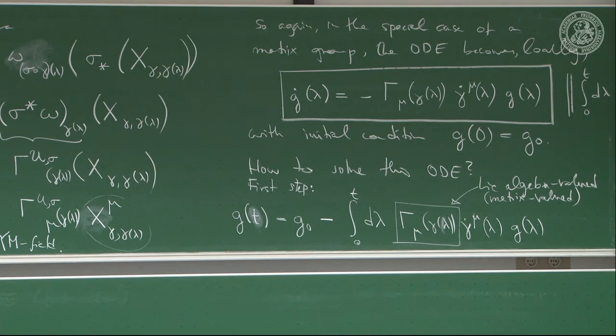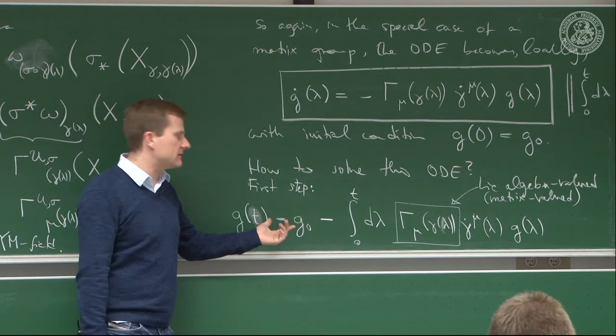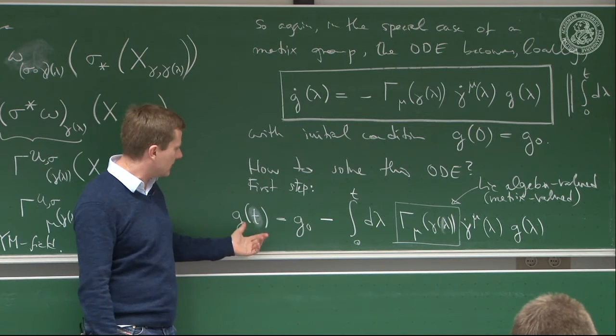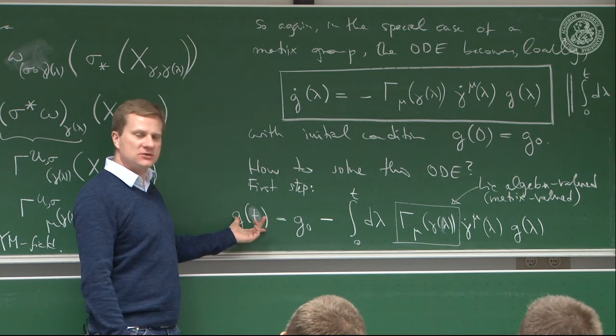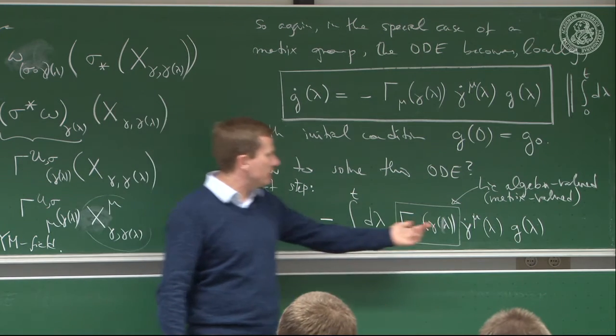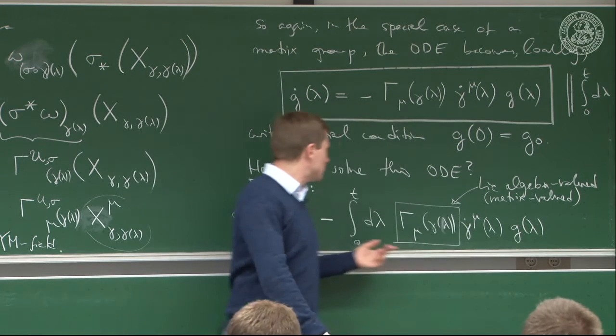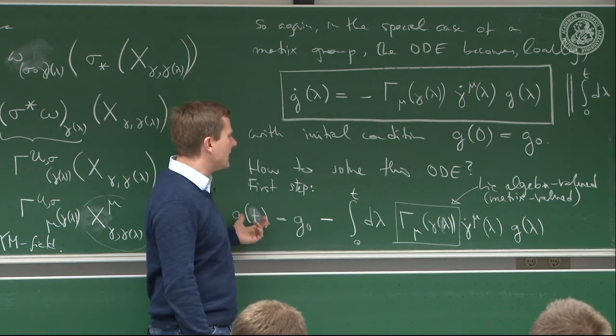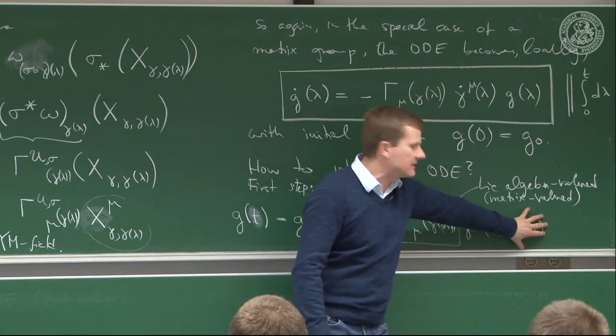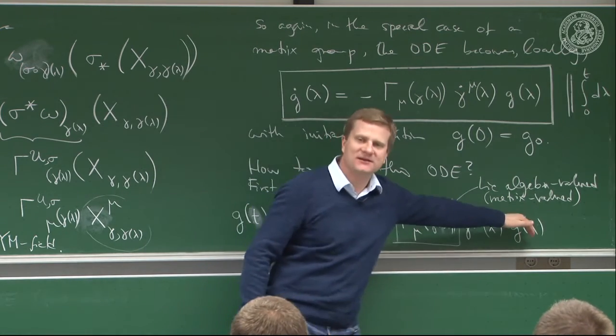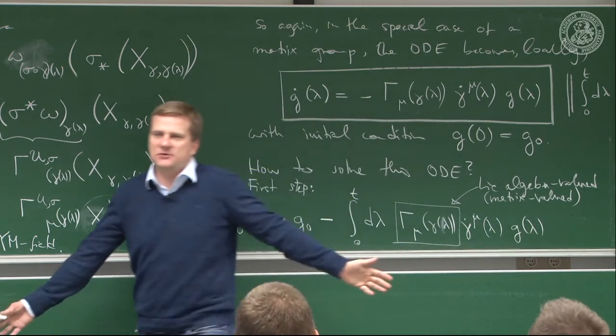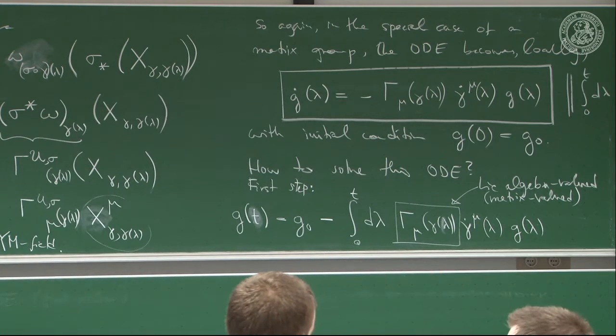And well, now how does this proceed? Well, of course, we can continue like this. We have an expression for g of t. The g of t appears here again, so we can just insert on the right-hand side this expression again, because the expression is valid. Okay?